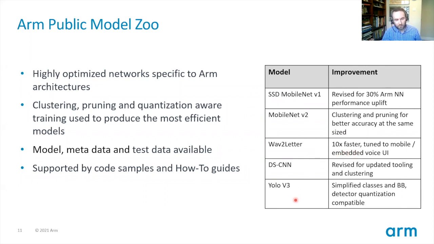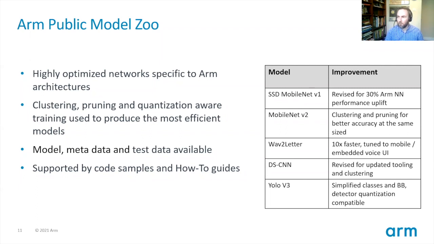And YOLO v3, which is one of the next generation object detection models, this specific model has been optimized for simplified classes and backbone, as well as detector quantization compatible. This is a very interesting model, and it really is a nice take on the generic YOLO v3 models. So if you can, please take a look at it. And this YOLO v3 object detection model is the one that we're going to feature in our demos today.